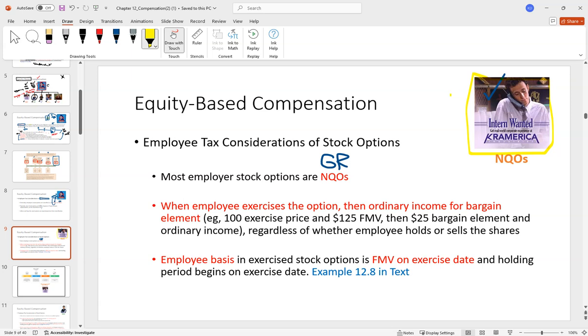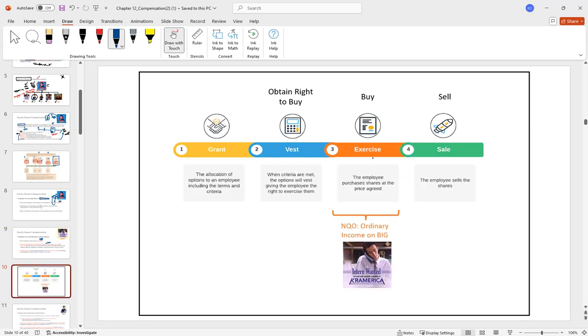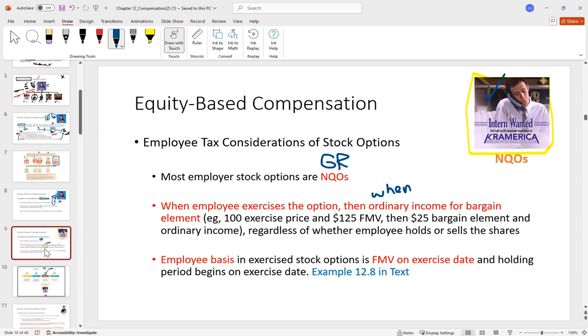For how much? And what is his basis? Well, with regard to the when question, it's essentially on the exercise date. That is when he's going to have to say, oh, okay, I bought this in year 2. I exercised it. It's going to be income on my year 2 return.